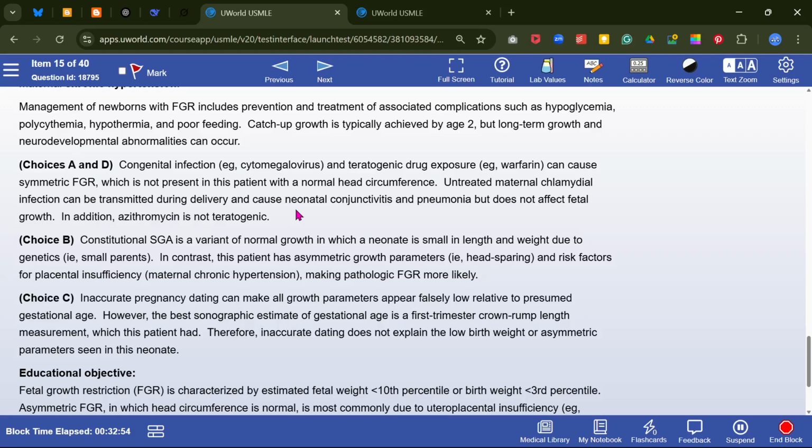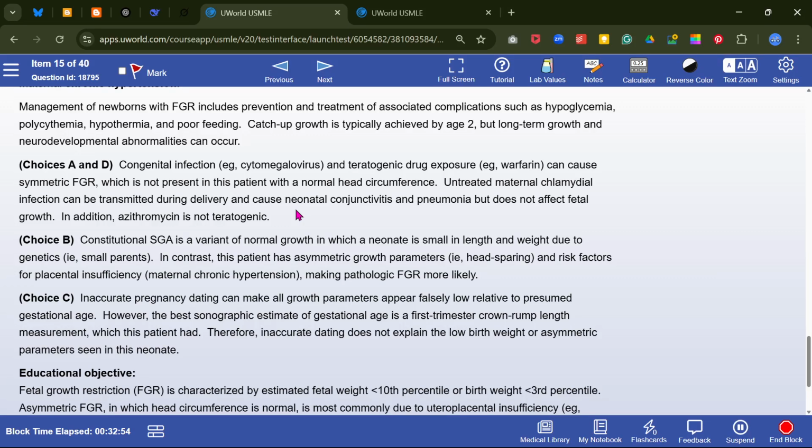Where is that? Therefore, inaccurate dating does not explain the low birth weight or asymmetric parameters seen in this infant.